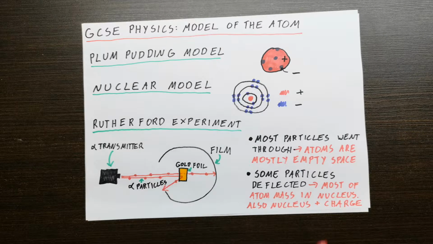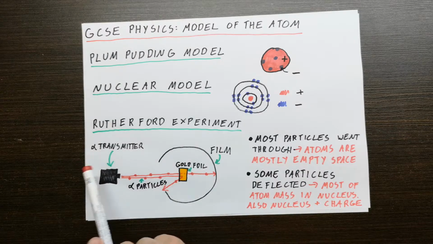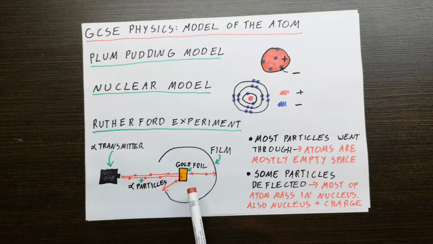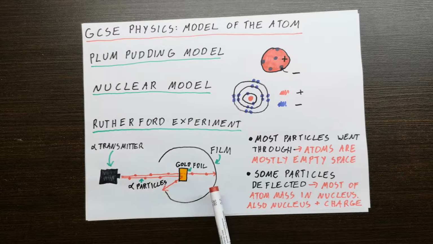Now, what were the results of this experiment? The results were that most particles went through. Most alpha particles were shot at the golden foil and passed straight through, hitting the film directly behind it. Some of them were deflected by a small amount, but most of them literally went through, and their direction was not changed whatsoever.